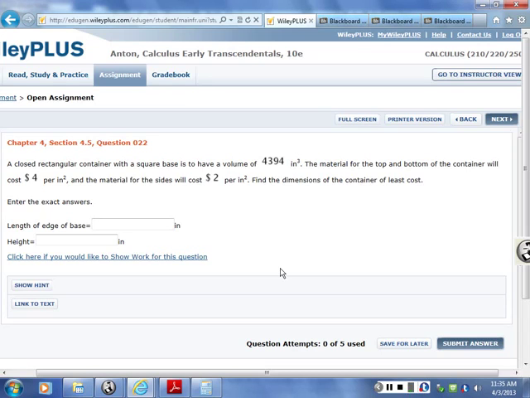So here it costs me $4 per square inch to make the top and bottom of this container, and it costs me $2 per square inch to make the sides. And I want to minimize the cost it takes me to make this container. So this is number 22. The very first thing you do is draw a picture.